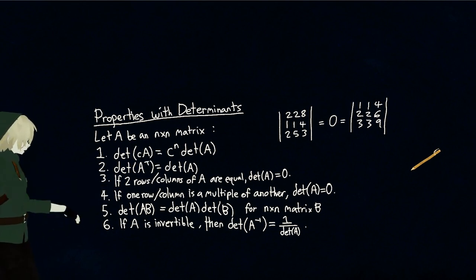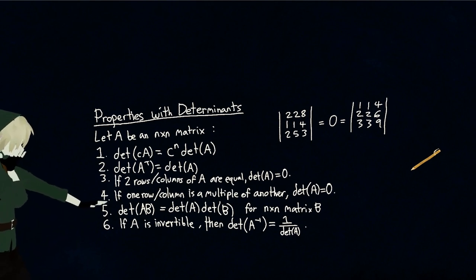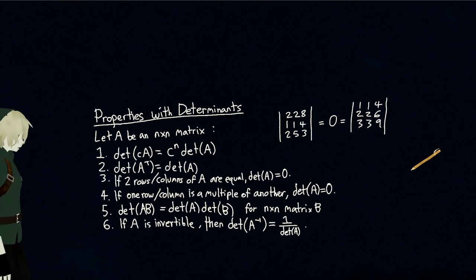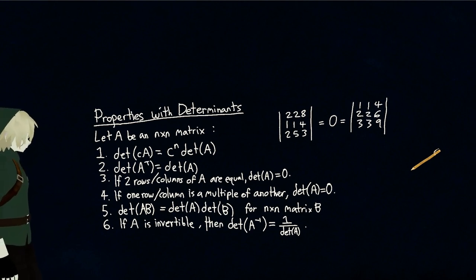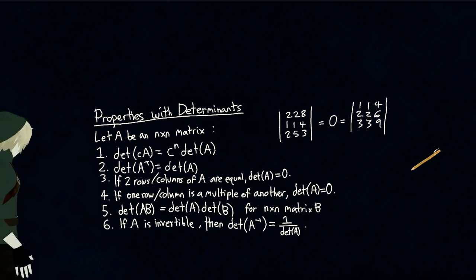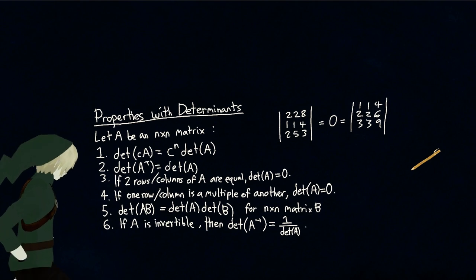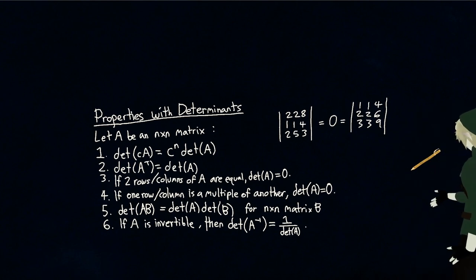So that's why 4 works. Number 5, the determinant of AB, you can separate it into 2 products of determinants. And then the determinant of the inverse of A is just 1 over the determinant of A. Okay? I know, a big list of properties for determinants, but it's not as bad. You will get used to it. Okay? Alrighty, and that is about it.